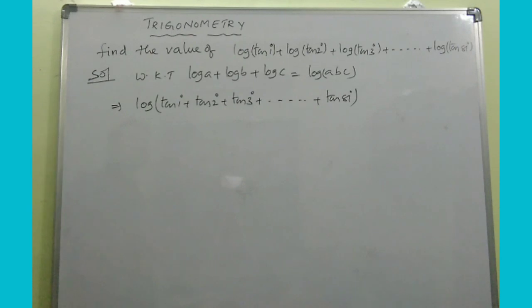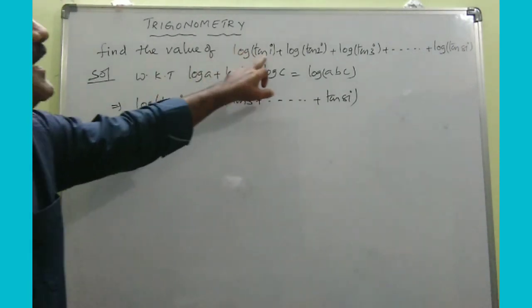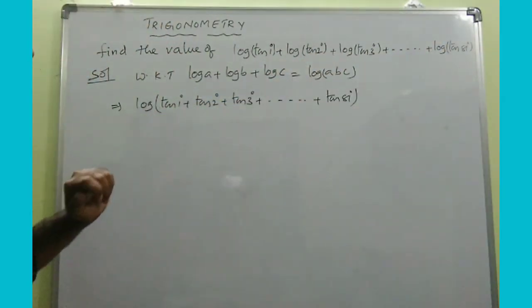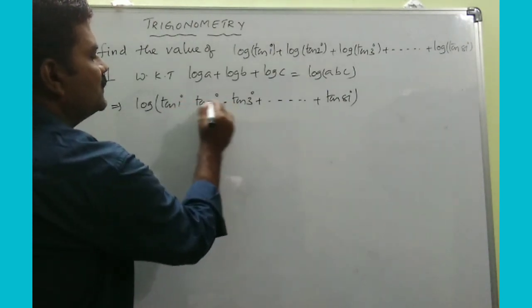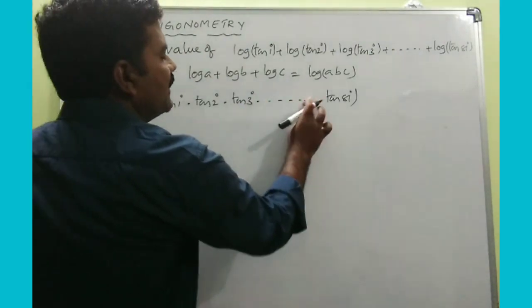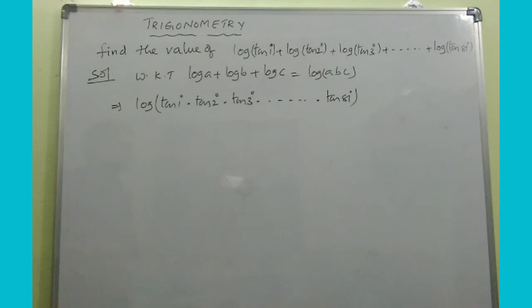So using this concept, I can write this as log of a into b into c into etc. That is, log of tan 1 degrees into tan 2 degrees, tan 3 degrees and so on, into tan 81 degrees. Okay. So finally the sum is converted into a product.